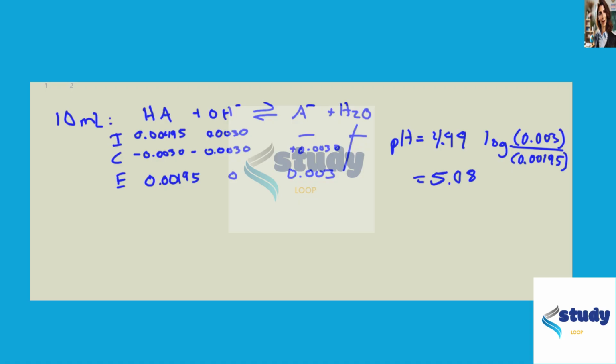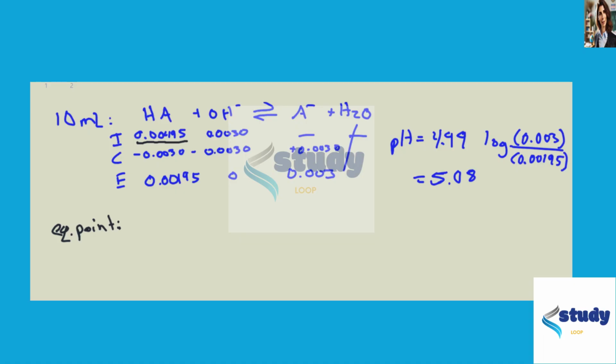So the next point that it asks us to calculate is the equivalence point. So at the equivalence point, what we need to check first is the volume that we need to reach the equivalence point. To reach the equivalence point, the volume we're going to need has to match this number of moles from hydroxide.